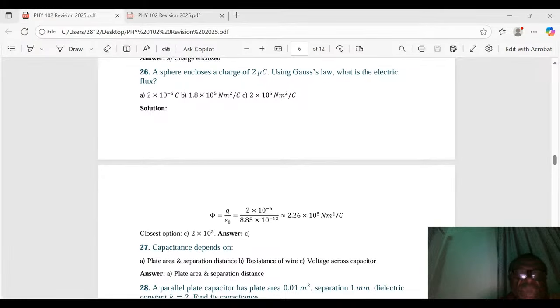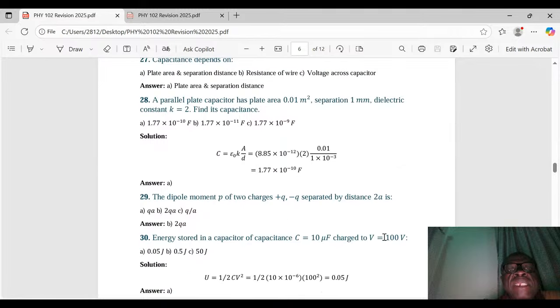27. Capacitance depends on A, plate's area and separation distance, B, resistance of the wire, C, voltage across the capacitor.